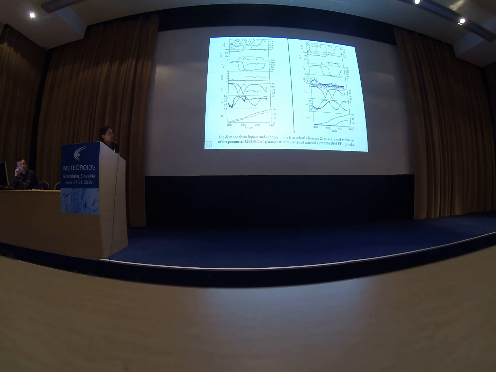If you look at a chaotic orbit, from the moment of ejection the parameter MEGNO grows linearly, and you see how the combination of inclination and eccentricity is not conserved, and how the argument of perihelion changes. We see, for example, on this picture that the resonance may be described as a quasi-resonance, but on this picture the resonance is not preserved, and you see the semi-major axis has various changes near 4,050 years.